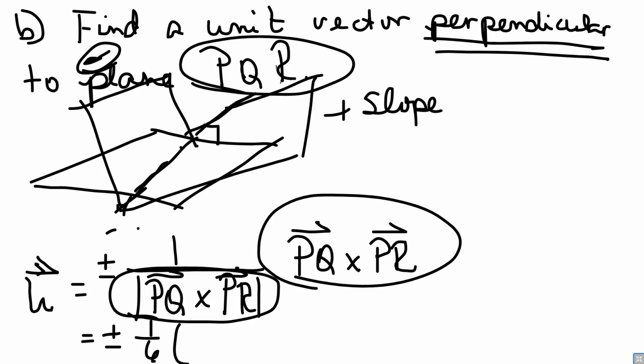All right. So we said the vector PQ cross PR was equal to what? So 4 in the I direction plus 4 in the J direction minus 2 in the K direction.